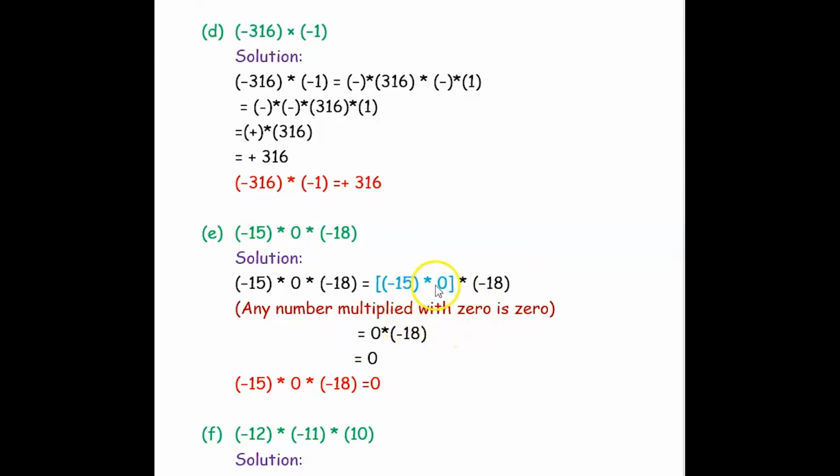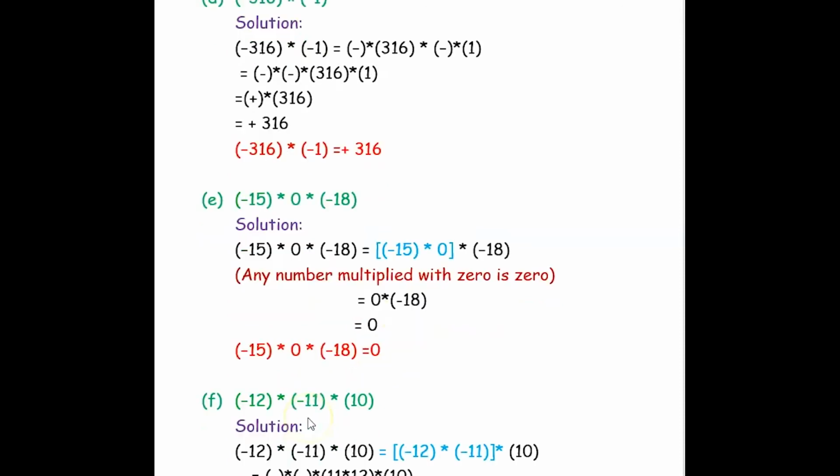So, negative 15 into 0 is 0, multiplied with negative 18. Again, 0 into negative 18: we are multiplying any number with 0, so our answer will be 0. So, our answer is 0. Whether we multiply at the back or at the front, if we multiply 0 with any number, our answer should be 0. Here we have associated 0 in the first part.